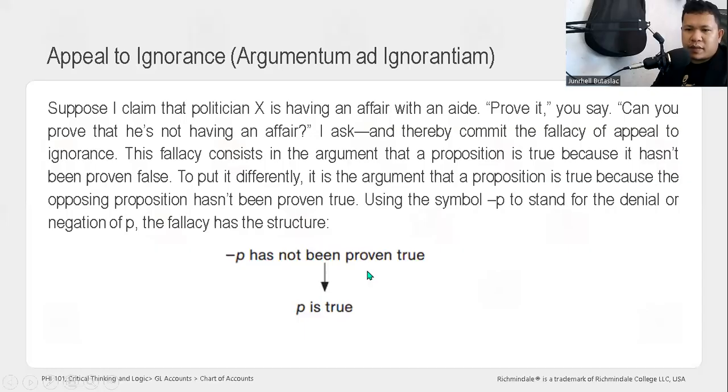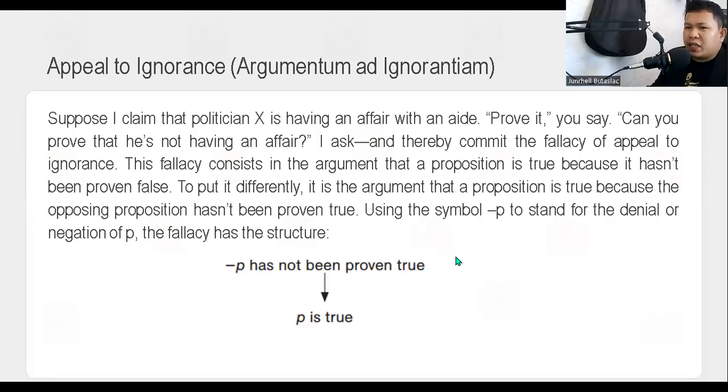This is a fallacy because a lack of evidence against P does not imply that there is evidence for P. All it means is that we do not know that P is true. I cannot prove that a storm is not brewing in the atmosphere of Jupiter, but that would hardly count as evidence that a storm is brewing.